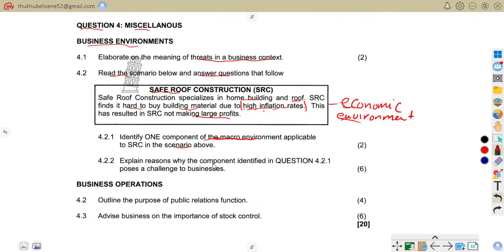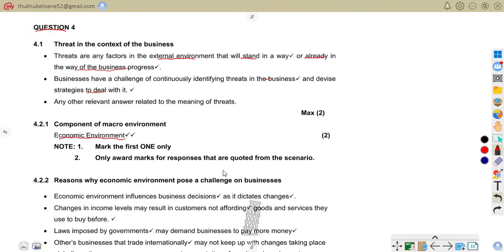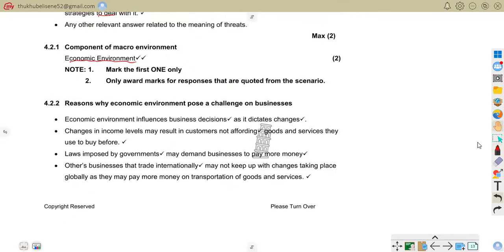4.2.2, explain the reasons why the component identified in question 4.2.1 poses a challenge for a business. Why the economic environment poses a challenge to a business. So here are our answers. The economic environment influences business decisions as it dictates changes.